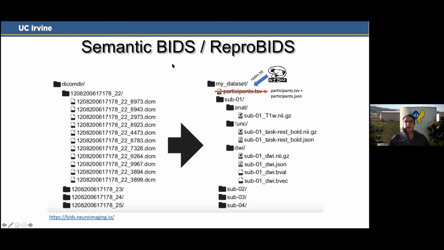And then we've created what we call semantic BIDS or ReproBIDS. BIDS has a suggested JSON file that lives alongside the TSV files, which are tab-separated value files in the BIDS data sets, and it provides an opportunity for you to store a data dictionary along with the TSV file. The TSV file is just like a spreadsheet.